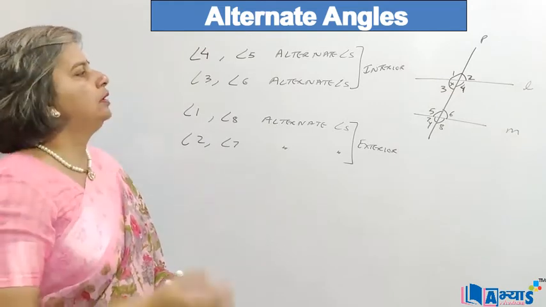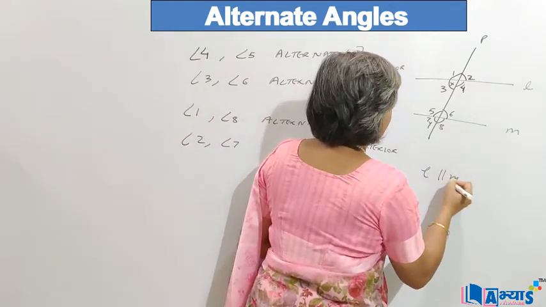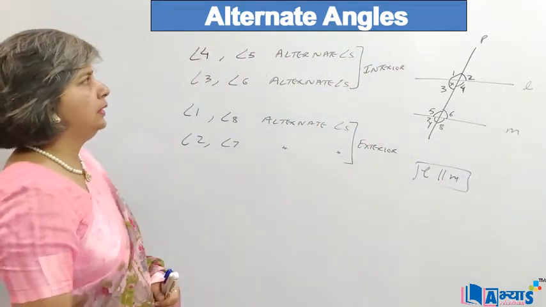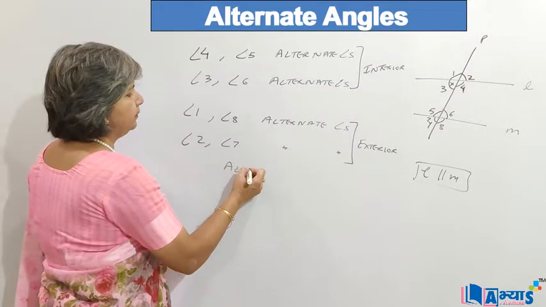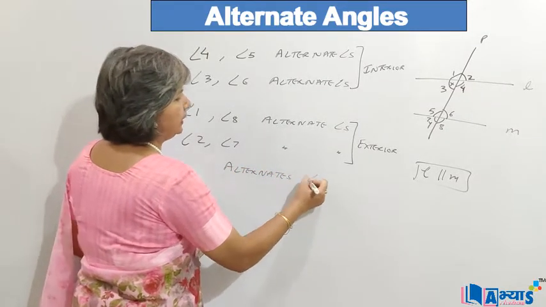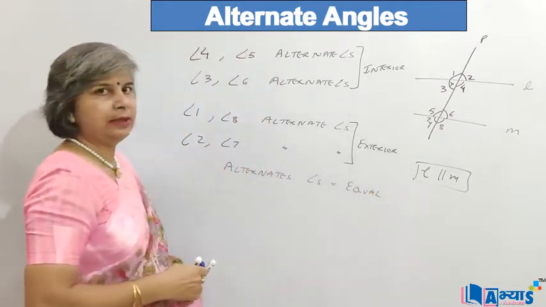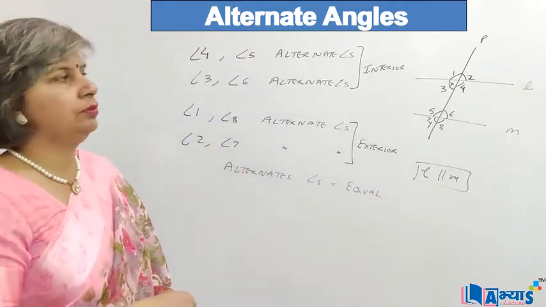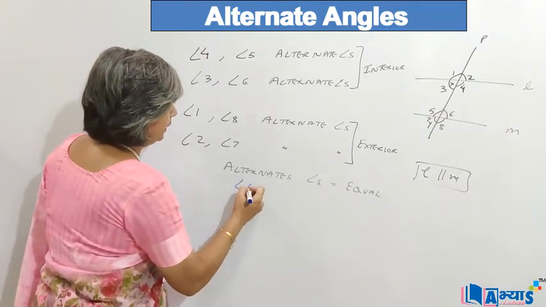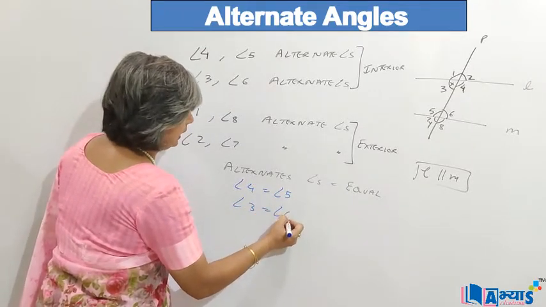Now, in a special case when the lines L and M are parallel to each other, the alternate angles, both interior and exterior, are equal. That means as they are alternate angles, if L is parallel to M, we can say that angle 4 is equal to angle 5, and angle 3 is equal to angle 6.